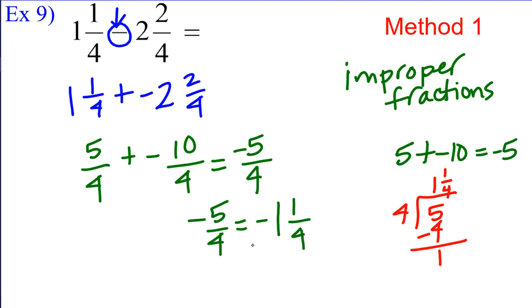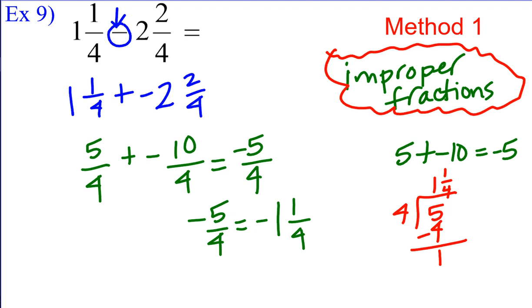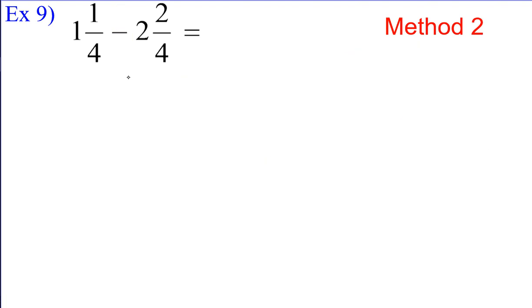Because it's negative, it carries the negative sign. So that's method 1, doing it as an improper fraction, which you can do when the numbers are small like this, but when the numbers are bigger, it's a little impractical. So I'm going to give you a second method.